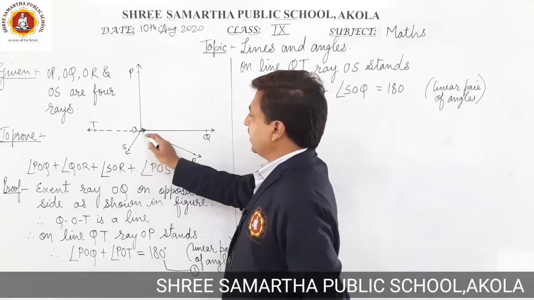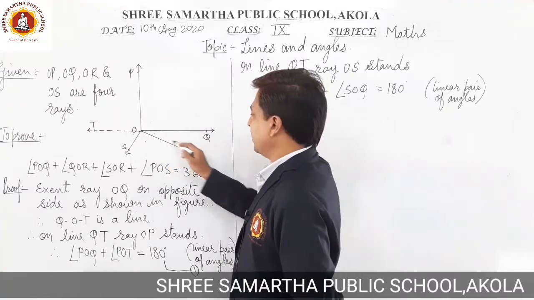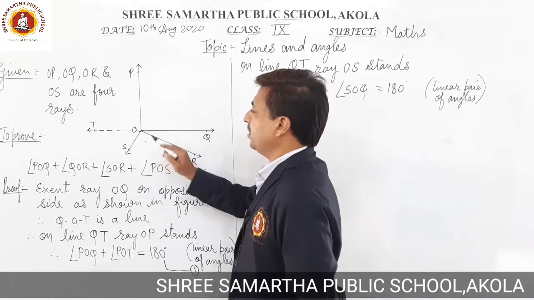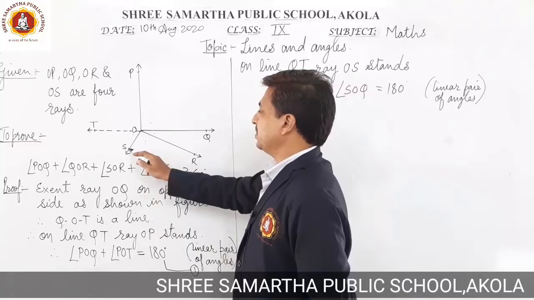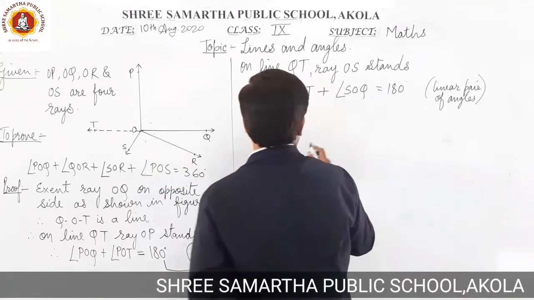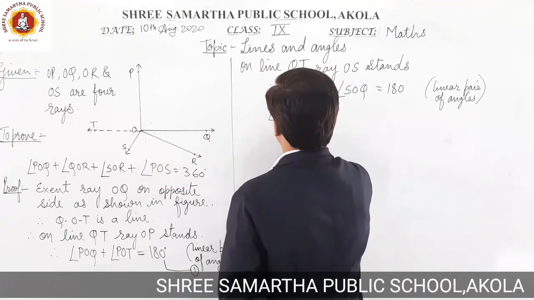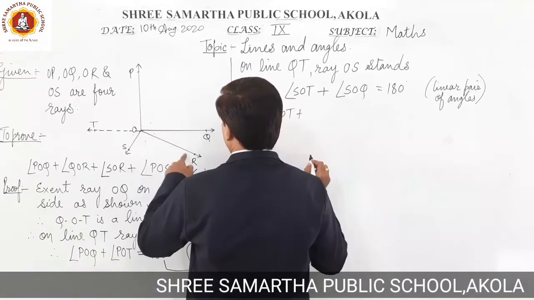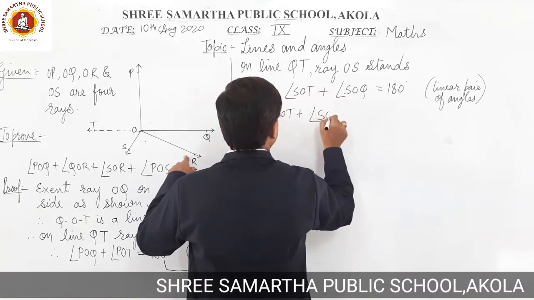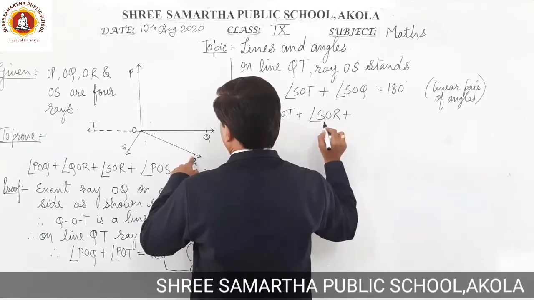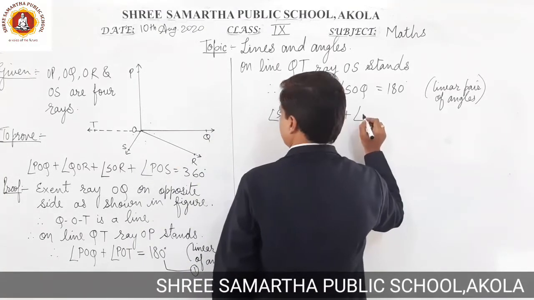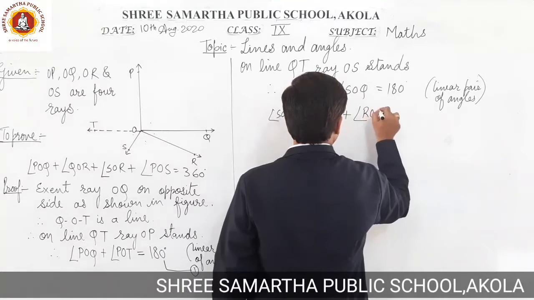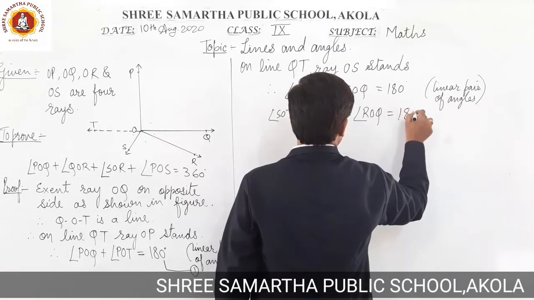Now in angle SOQ there is again ray OR, which divides it into two angles. So we can express SOQ as angle SOR plus angle ROQ, which is equal to 180 degrees.